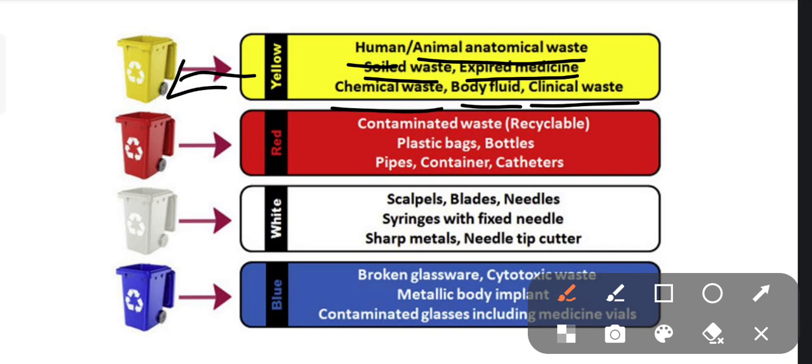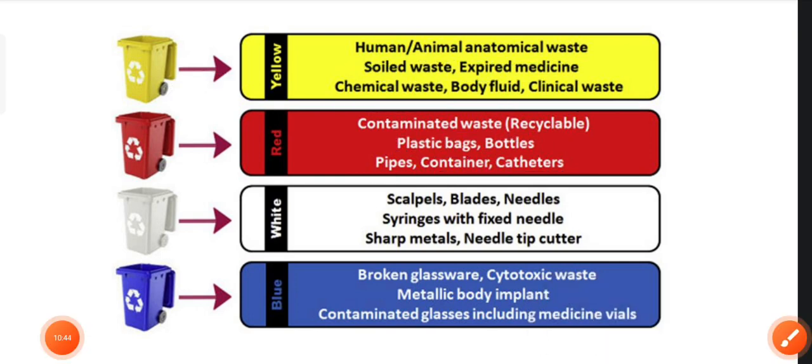And the next one is the red color bin. Red color bin is for less infected wastage, those are contaminated wastage which are recyclable: plastic bags, bottles, pipes, containers, and catheters, which are not highly risky. And the next one is the white color bin.